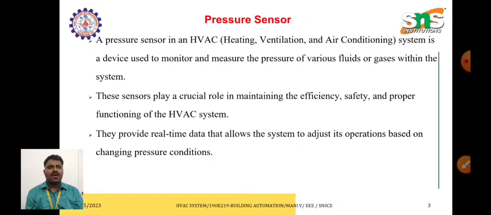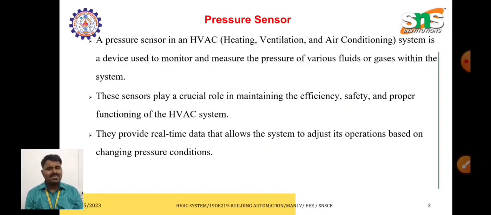So, the pressure sensor in HVAC application, that is heating, ventilation, and air conditioning system, is a device which is used to measure the pressure in various fluids or gases within an HVAC system.